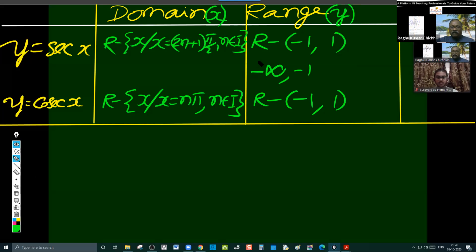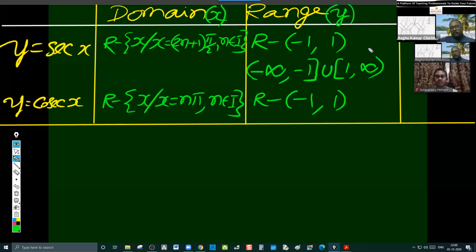Minus infinity is always unknown to us, that is why you have to open it. But it accepts minus 1. It is read as union. You will be knowing that further in sets and relations. Union means either this value or this value, never in between. Both are the same.